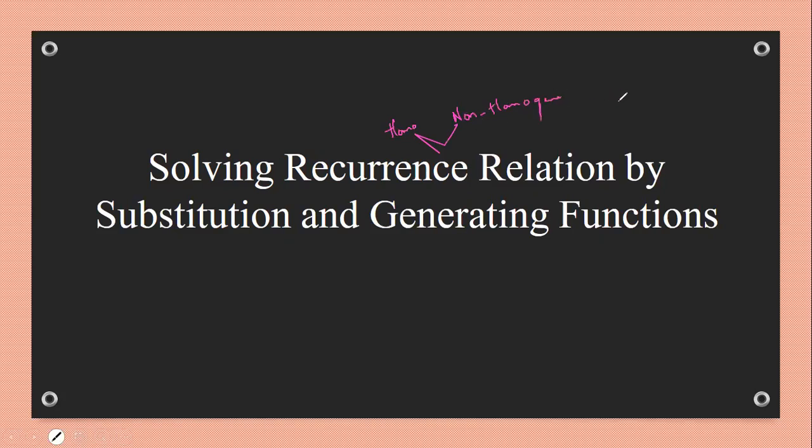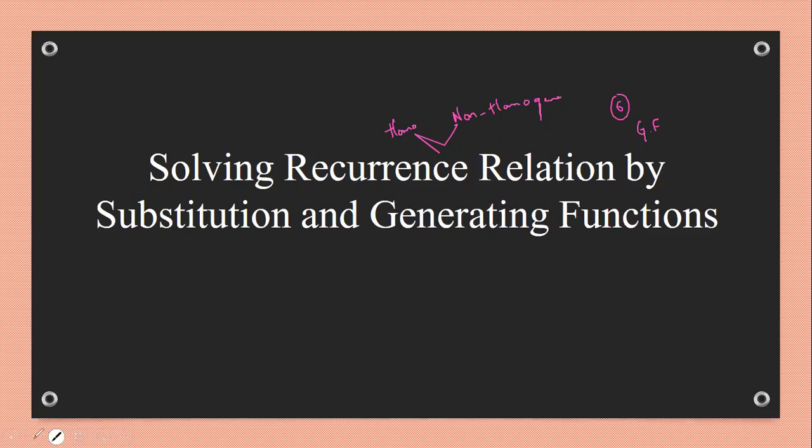By now we have seen the 6 theorems and also how to solve the recurrence relation by generating functions. In today's topic, we will summarize the recurrence relation and also learn another method to solve the recurrence relation by generating functions.